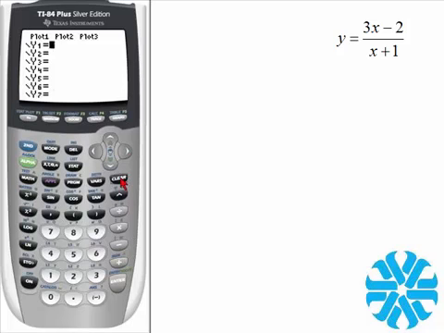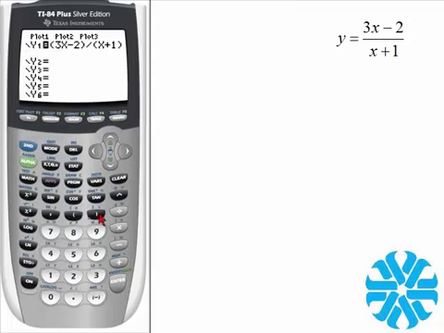So let's go ahead and do that. So we're going to have the quantity 3x minus 2, and that's divided by the quantity x plus 1, and close that.